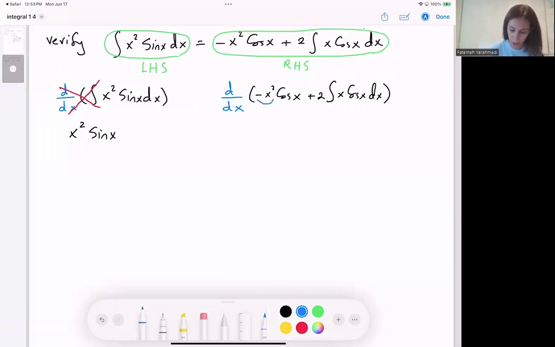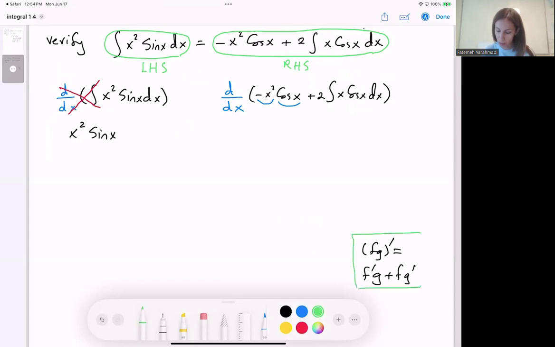So you have to apply the product rule first. Remember that if you have f times g and you're taking the derivative, the product rule says it is f prime g plus f g prime. So we're going to use this for this portion of the calculation.